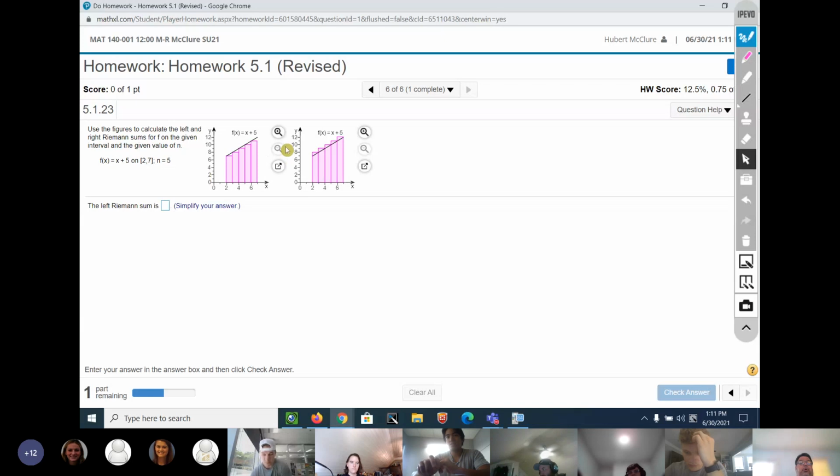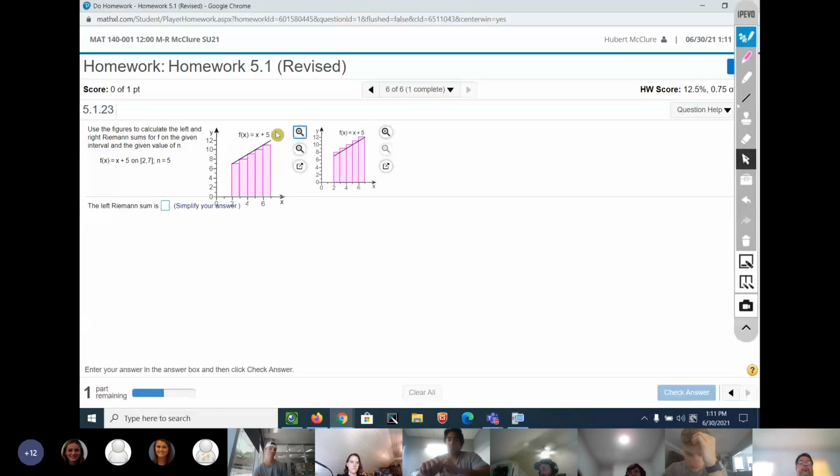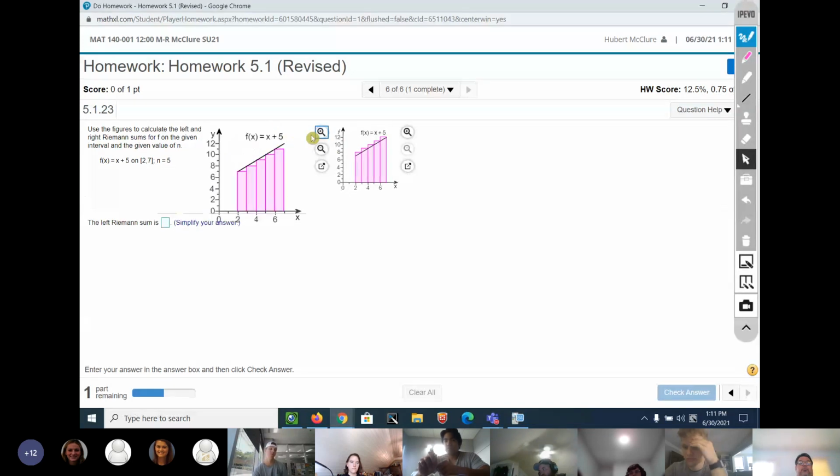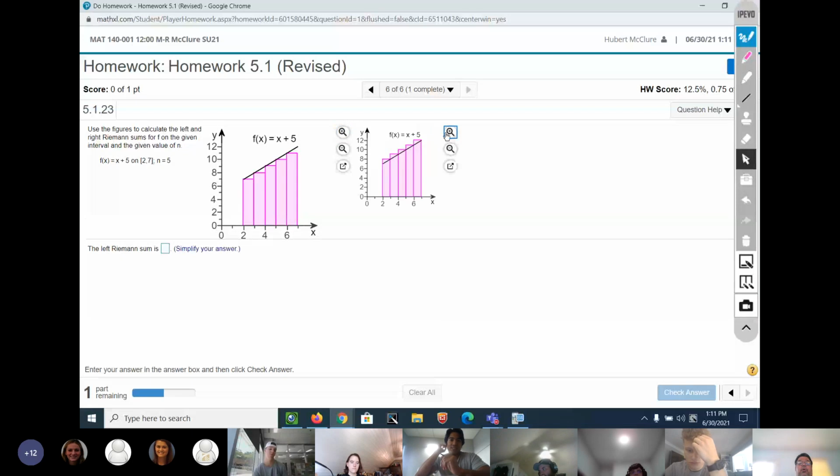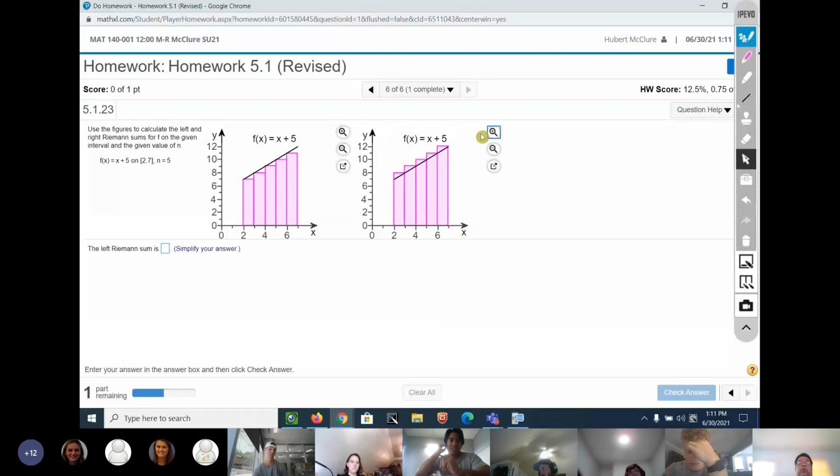Here's another one. Now, this one's pretty simple. I'm going to blow it up. Okay, this is the left. The points are hitting the line on the left. This is the right.